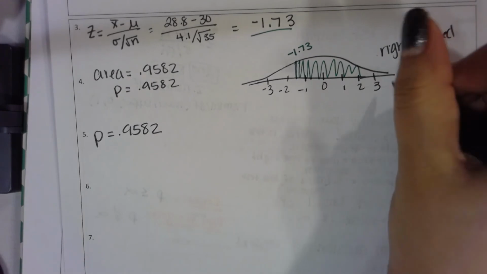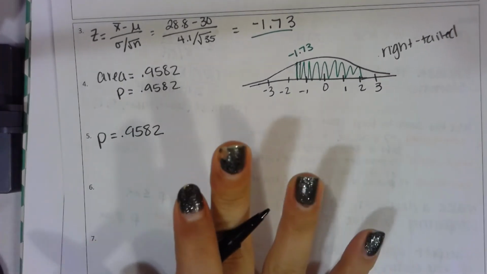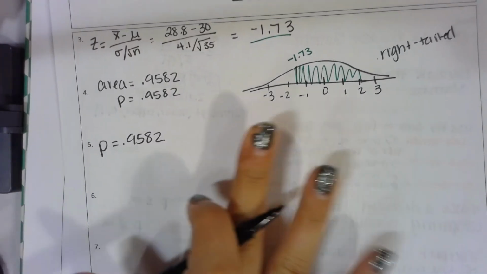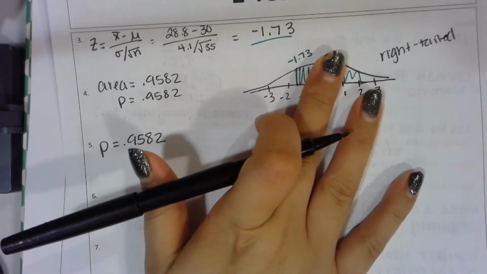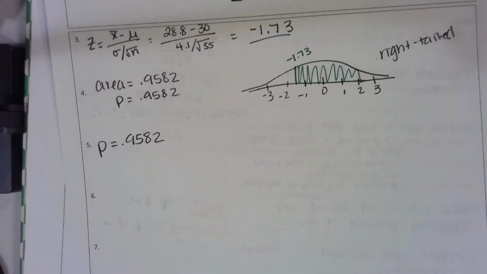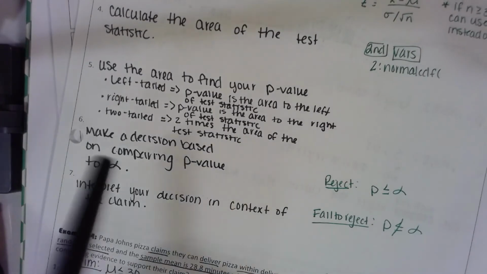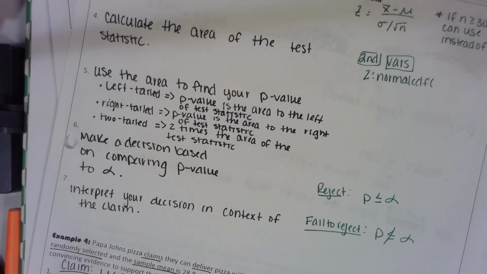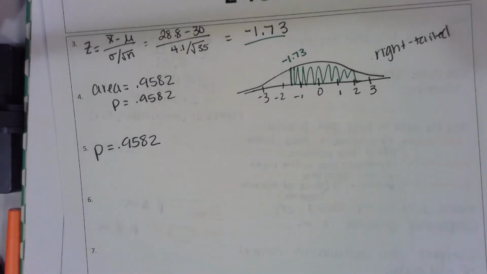So, if you recall, your null hypothesis is actually your claim in this case, that Papa John's can deliver pizza within the delivery area in 30 minutes or less, so that the average delivery time is less than or equal to 30. So step number 7 said to interpret your decision in context of the claim.